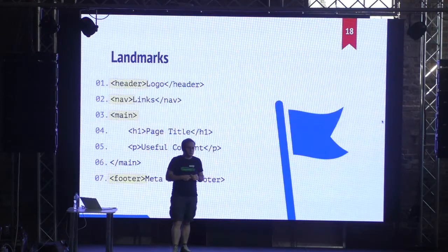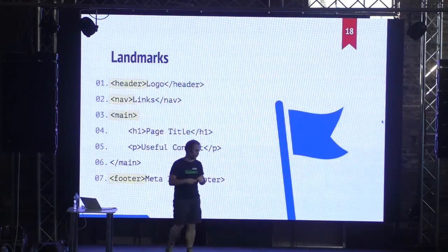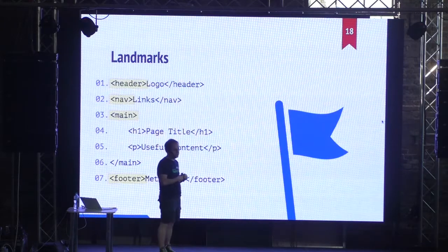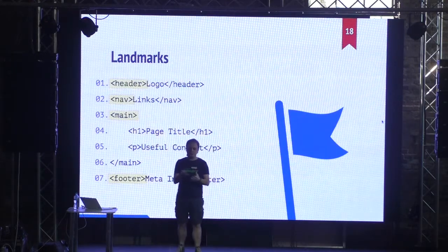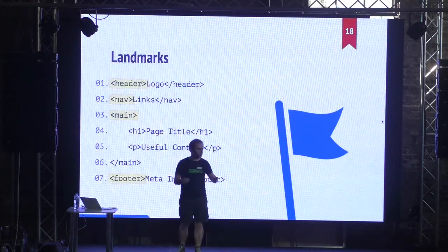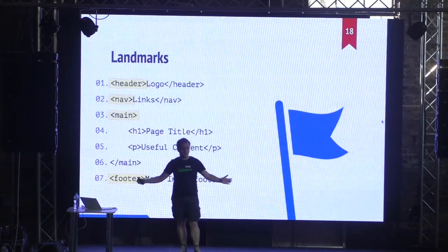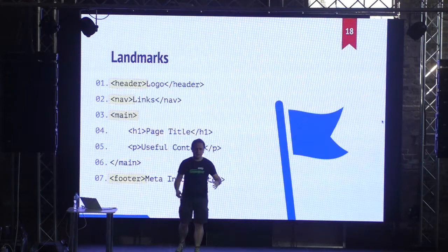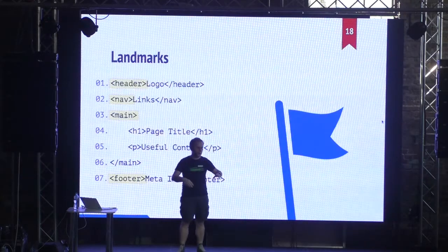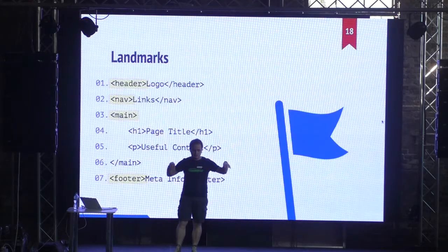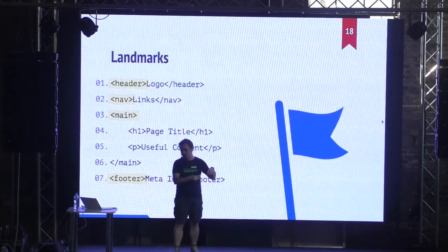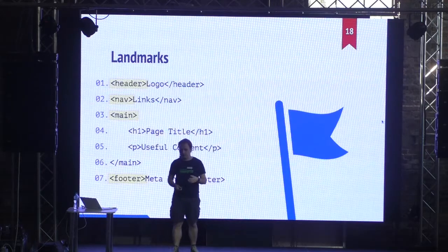And what is a landmark? A landmark is a special place in your code that will convey some information to users. Imagine a city like Lviv. You have some marketplace, you have some banks, you have some libraries, and some places that mean something, where you will go and get something valuable, something important.